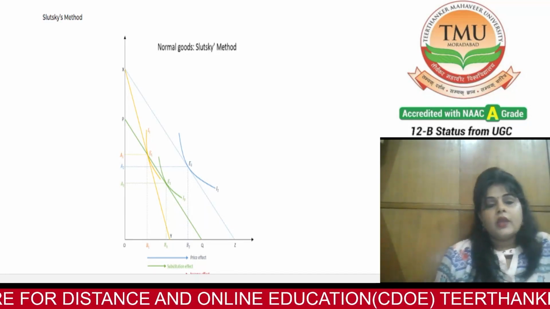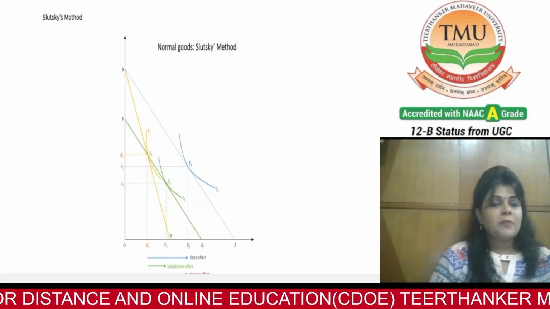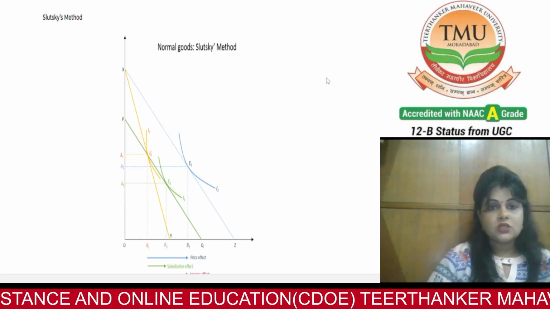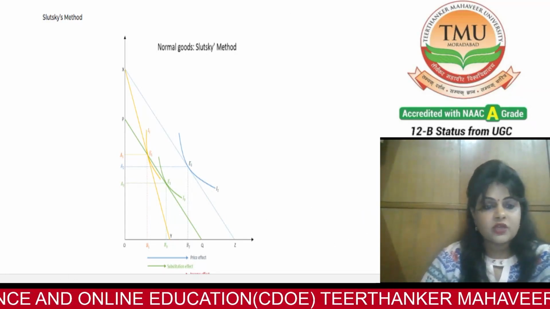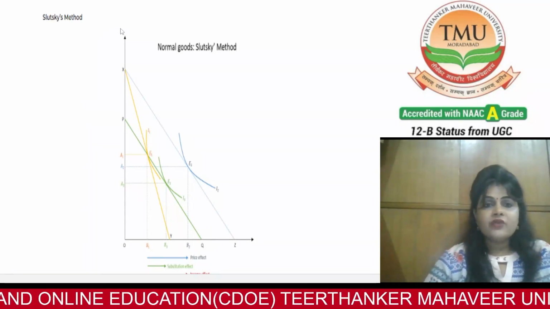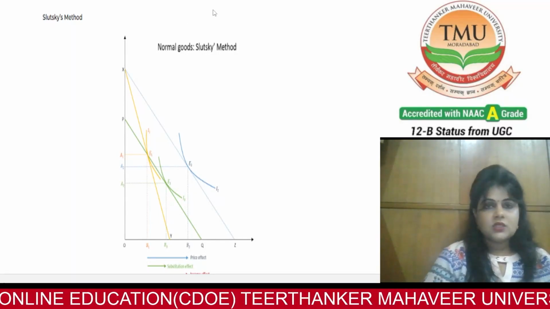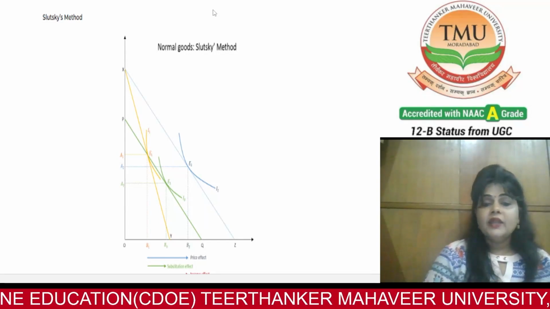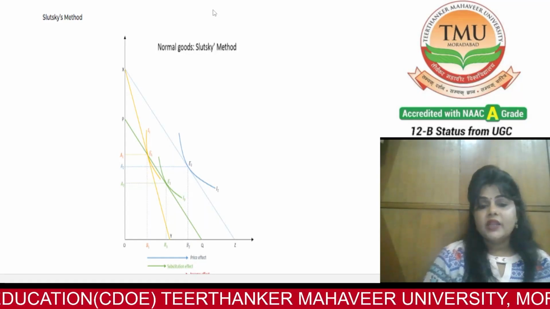Now, according to Hicks, income level must be reduced in such a manner that a consumer returns to the original level of utility. As you see in the diagram, the budget line needs to be shifted leftward. You also see in the Hicksian method for income and substitution effect that the budget line needs to be shifted leftward in order to return the consumer to the original indifference curve.